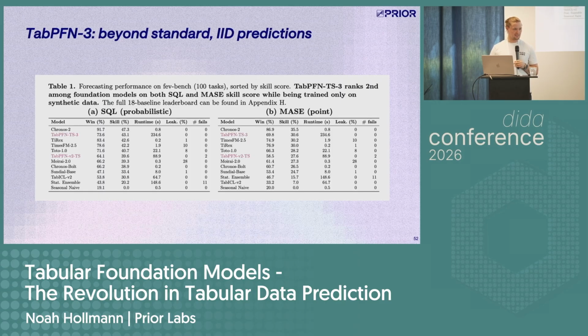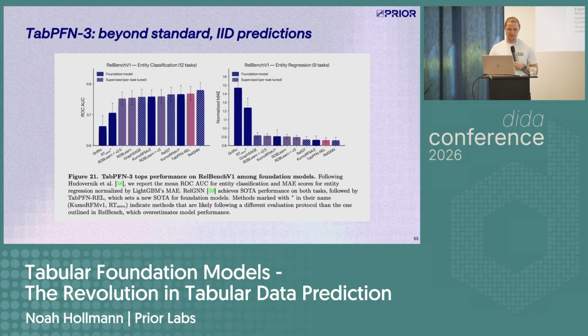Forecasting with our models, so using our models to not do the interpolation task within a data set, but taking a time series and forecasting that, right? So there's, for example, Chronos 2 that did really well recently. So we are next to Chronos 2, the next best model on these multivariate time series tasks, even though our models are not really time series models, but it's a table as well.